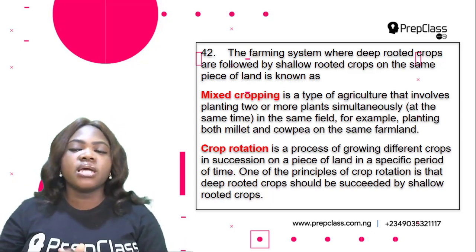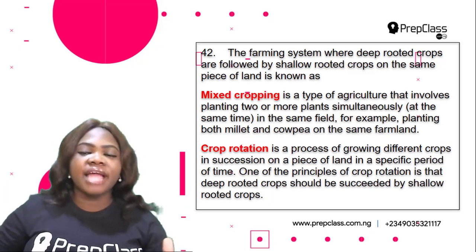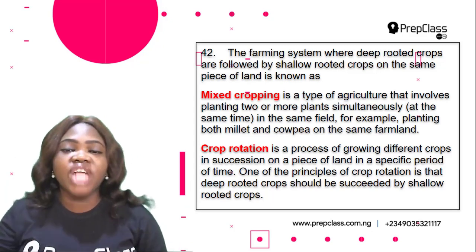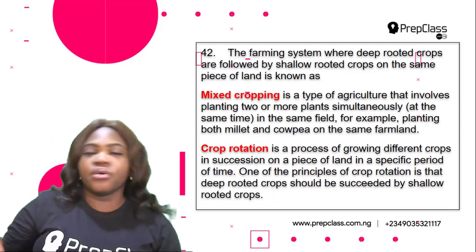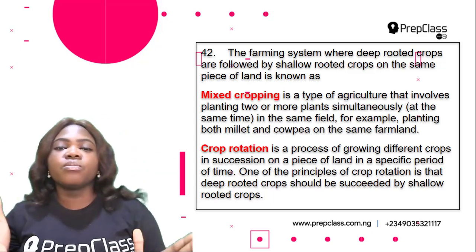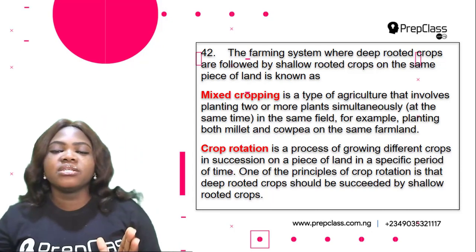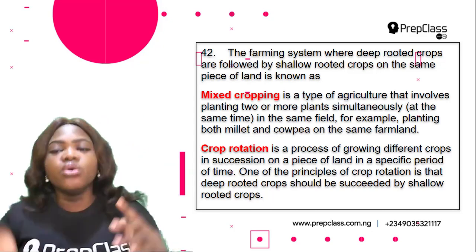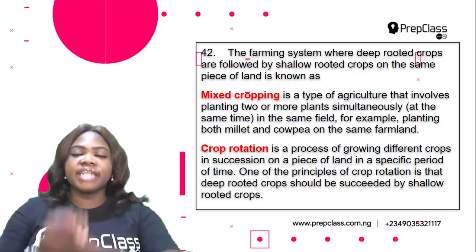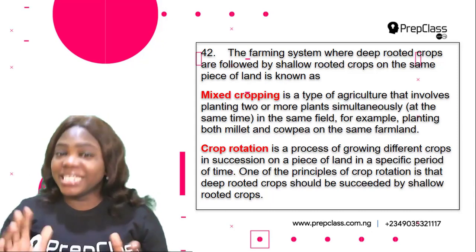One of the principles is that deep-rooted crops should be succeeded by shallow-rooted crops. So this means that when you grow deep-rooted crops, the next time you want to plant, you plant shallow-rooted crops. So crop rotation is the answer here.